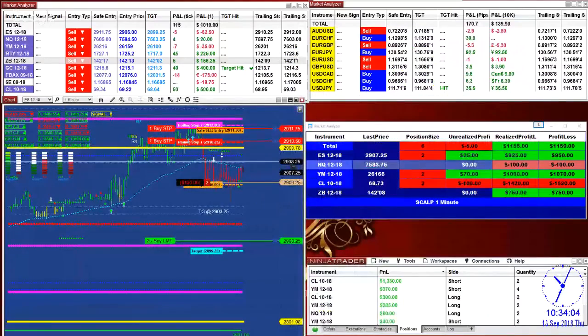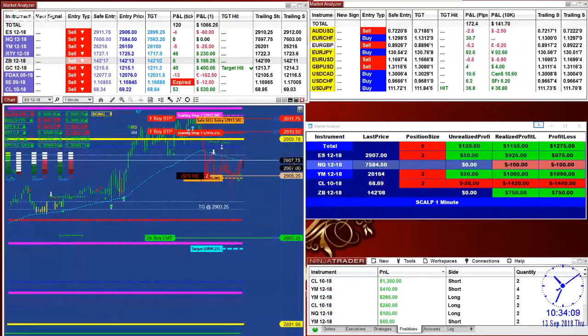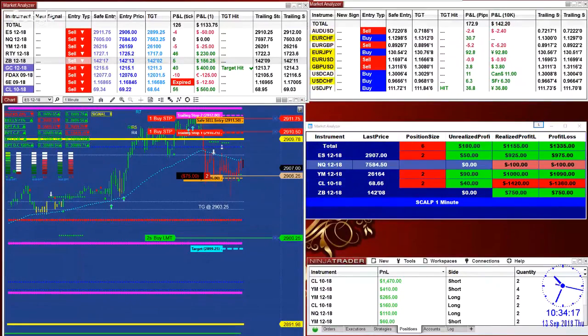Now the ES here, let's see. It's going to drive us crazy a little bit. We're going to be sitting patiently on the ES and trying to find anything to chew on. There is nothing to chew on at the moment.